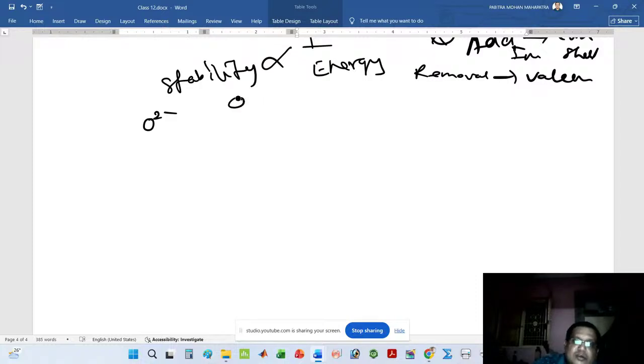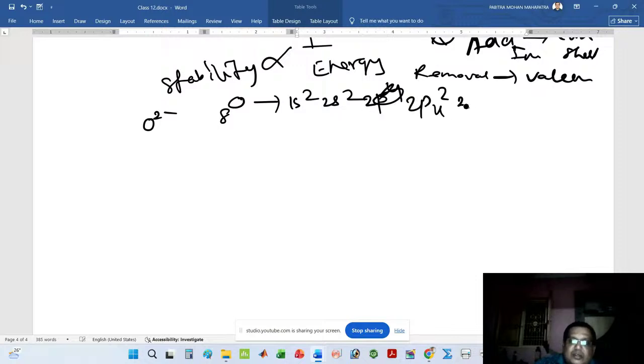Here the normal atom is oxygen, that is your 8. Here we can write 1s2, 2s2, 2p4. Here we can write 2px2, 2py1, 2pz1. Clear? 1s2, 2s2, 2px2, 2py1, 2pz1.